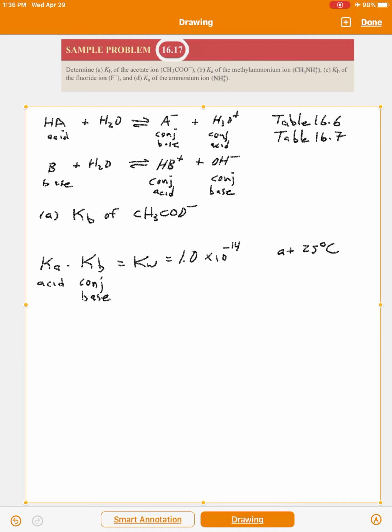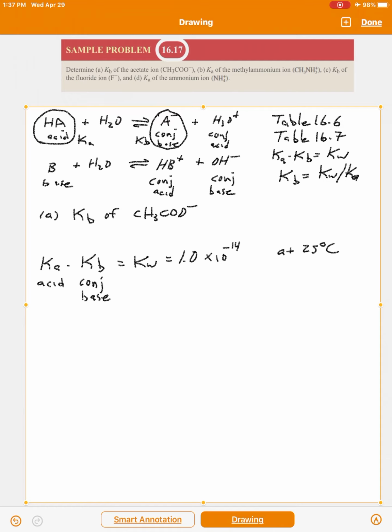So if you look up the Ka for the acid, and you want to know what the Kb for its conjugate base is, you use the following relationship. Ka times Kb equals Kw, or Kb equals Kw over Ka.